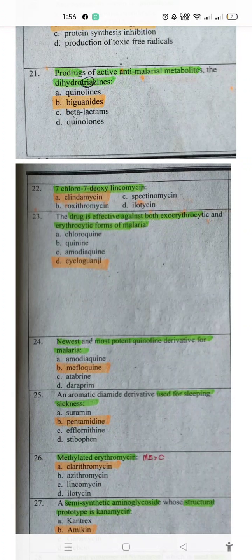For African sleeping sickness, the causative agents are Trypanosoma brucei gambiense and Trypanosoma brucei. While for American sleeping sickness, the causative agent is Trypanosoma gondii. Your pentamidine here is used for prophylaxis and treatment of African trypanosomiasis.